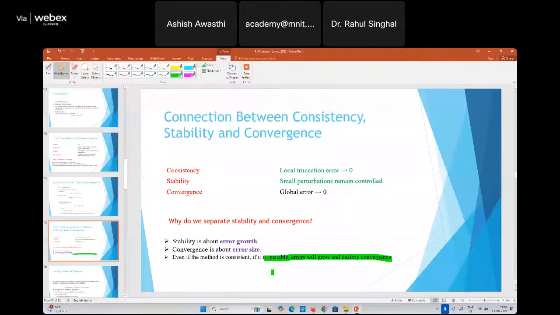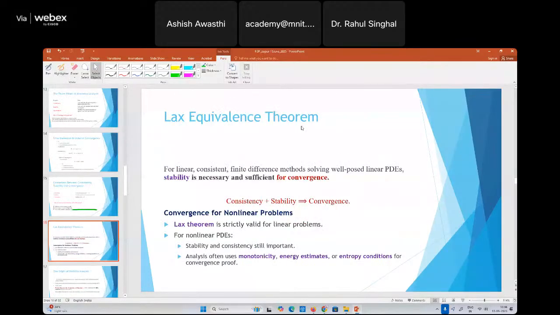And how to ensure that? That is called the Lax equivalence theorem, Lax-Richtmyer actually, who gave the result. He proved in his paper that if you have a linear PDE, please note that the condition is there, this result holds only for linear problems.